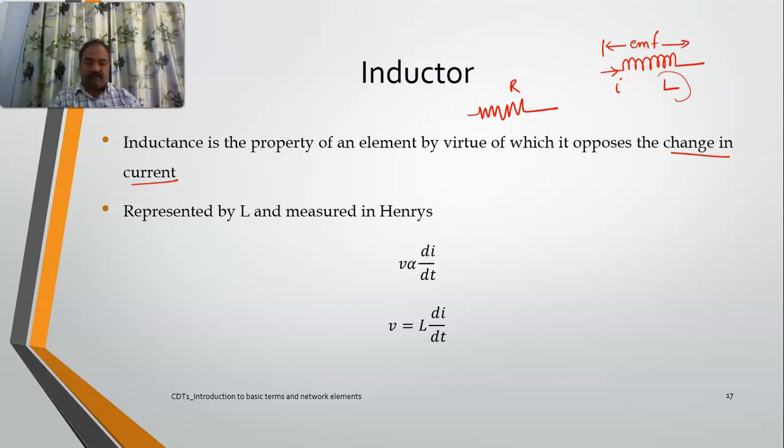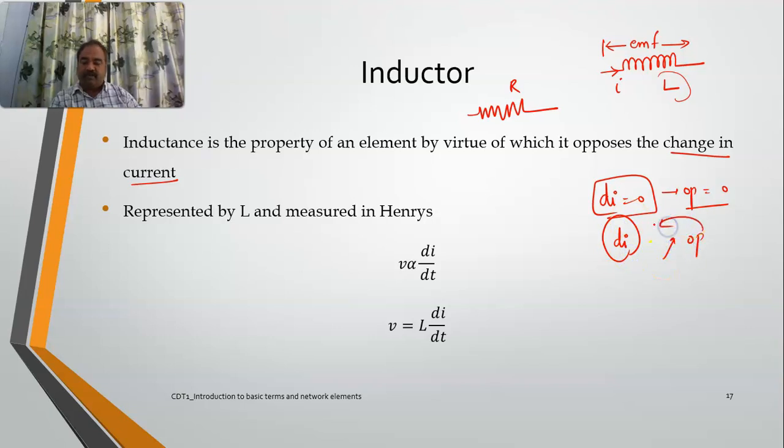Think for one second. If di is equal to 0, there is no change in current. Opposition offered is 0, which means it acts as a short circuit. But when there is a change in current, the opposition will vary and depends upon di by dt. This is a unique property, and we call it inductance.